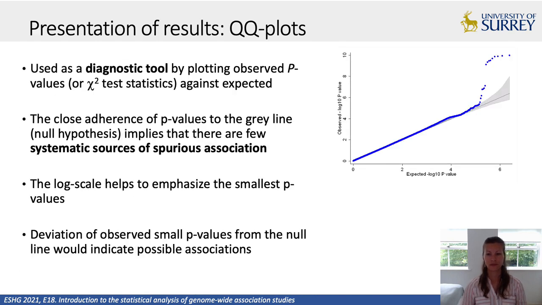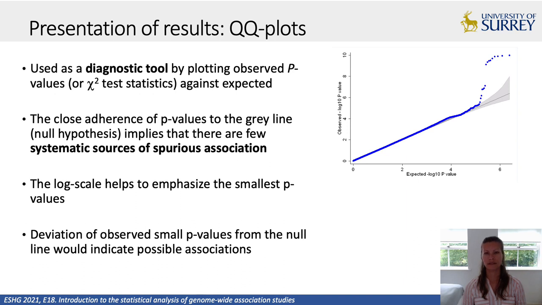The first plot you usually do when you perform a GWAS is the QQ plot. And this is a diagnostic tool where we plot the observed p-values or test statistics against expected. And we expect the observed line to follow closely the expected line.